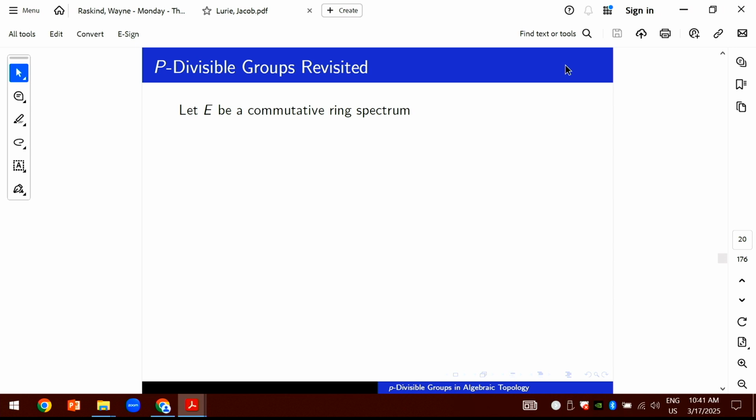So what I'm going to do is an example of that. I'm going to take a notion from ordinary algebra, the notion of a p-divisible group over a ring, and I'm going to do it over a commutative ring spectrum instead of a commutative ring. So let E be a commutative ring spectrum.